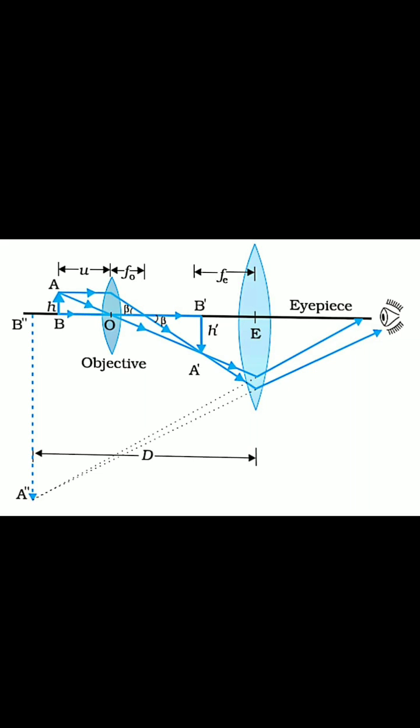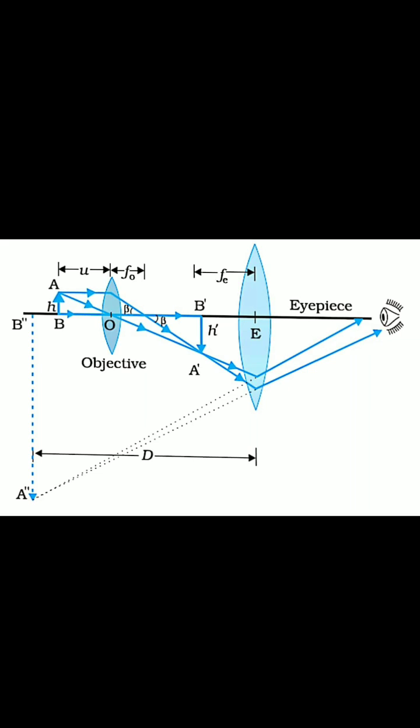For the eyepiece, this image A dash B dash acts as an object, and the eyepiece essentially acts like a simple microscope. In a simple microscope we place the object in between the focus and the optical center.